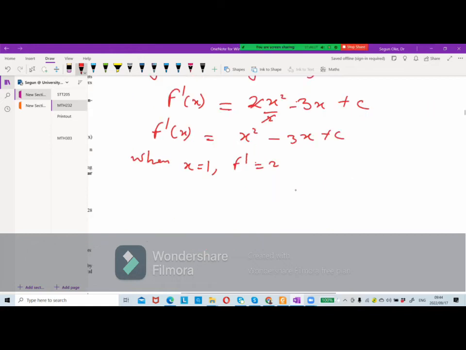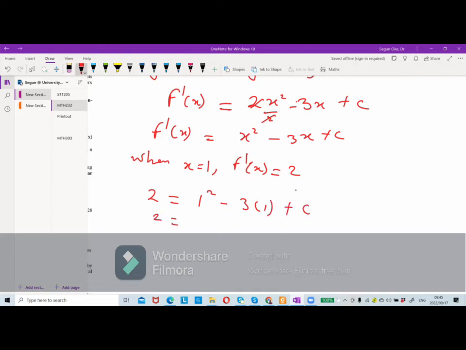So substitute it. That is f prime of x, rather, is equals to 2. So anywhere you see f prime, substitute 2 equals to, what is this one? 1 squared minus 3 of 1 plus c.